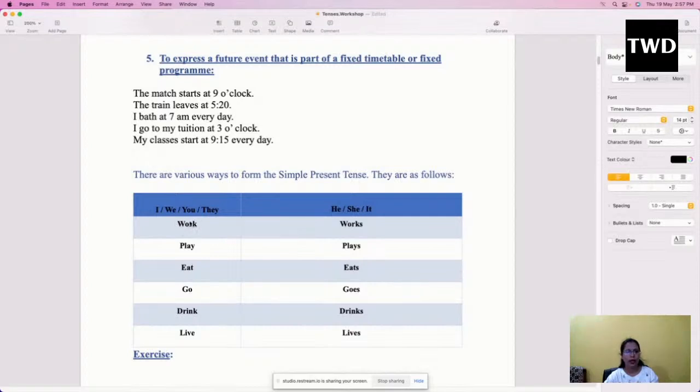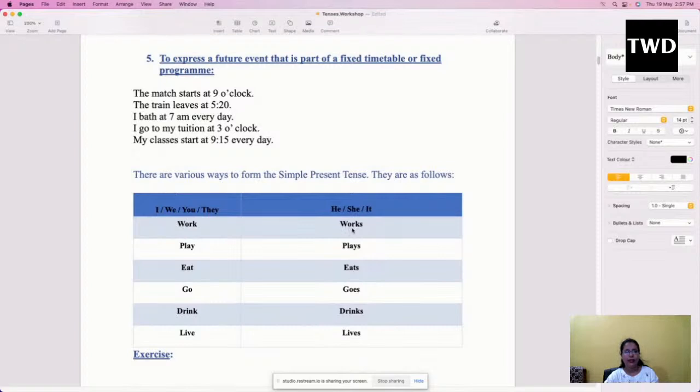The moment it is without s, that means it is in its plural form. And why should we use the plural form of the verb with I and you? Because I and you always take the plural form of the verb. He, she, it, or if you are using somebody's name, all such subjects will take the singular form of the verb. That means your action words will come with s.